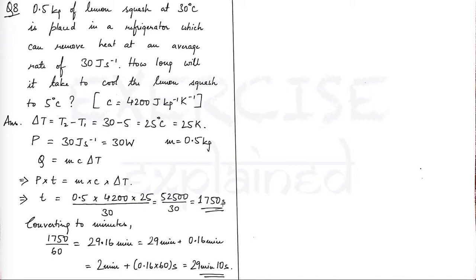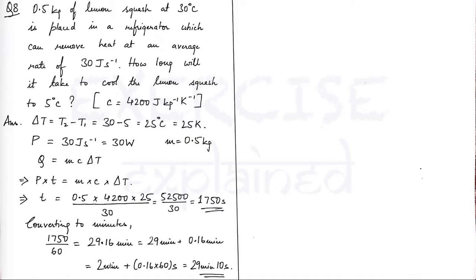You can definitely leave your answer here because second is the SI unit. But since your textbook has it written in the form of minutes and seconds, I converted it. I divide 1750 by 60, which gives me 29.16 minutes. Now 29.16 minutes can be written as 29 minutes plus 0.16 minutes.